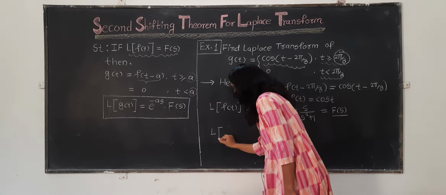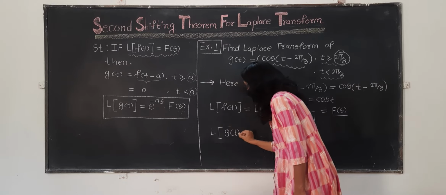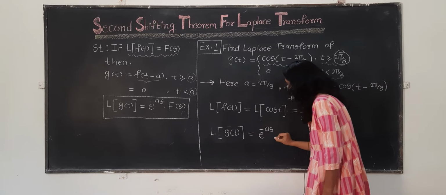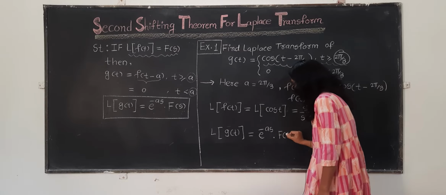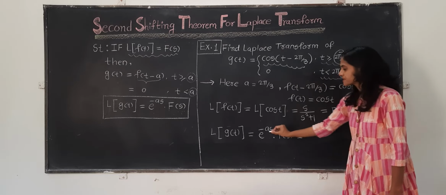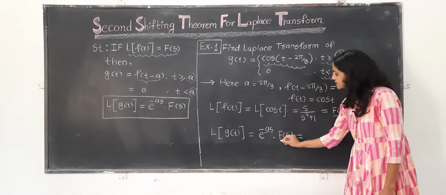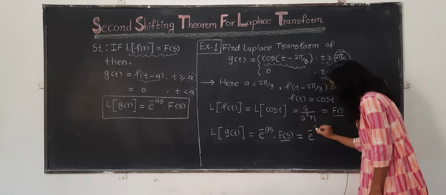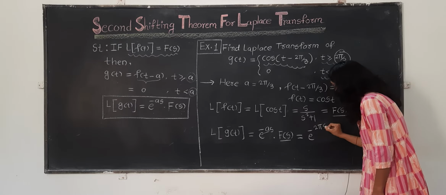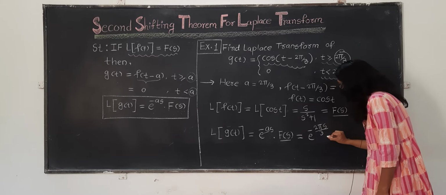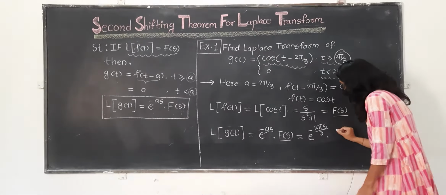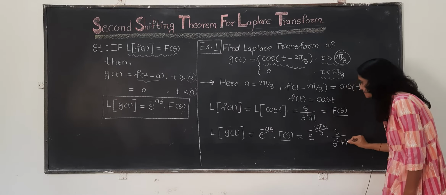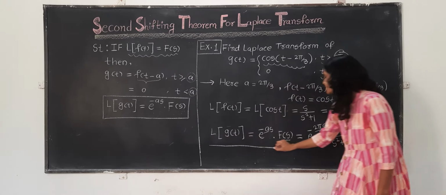So Laplace of g(t) is nothing but e raised to minus as into F(s), right? Just substitute the value of a and the value of F(s). So e raised to minus 2 pi s upon 3 into s upon s square plus 1. So this is the final answer.